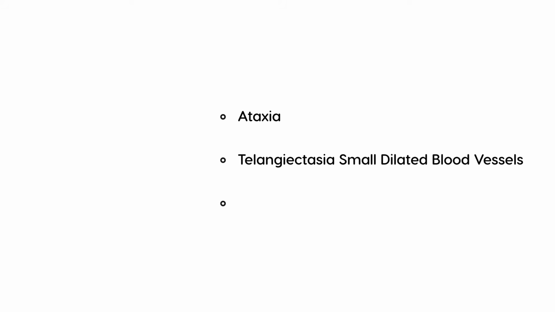And then the third component is the sinopulmonary infections, which can occur recurrently. Now, what is the reason this is happening? Well, AT occurs because there's a mutation in a protein called ATM protein.